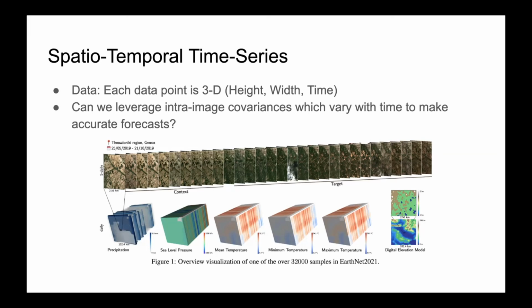So in this diagram below, you can actually see the context that's outlined. Typically a model would take in that context, do whatever it needs to do, and then predict a time series target, which also is a bunch of images which vary through time.